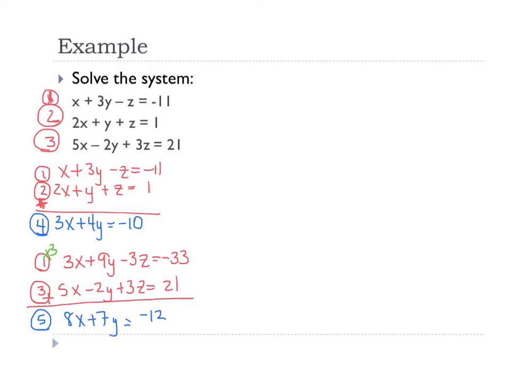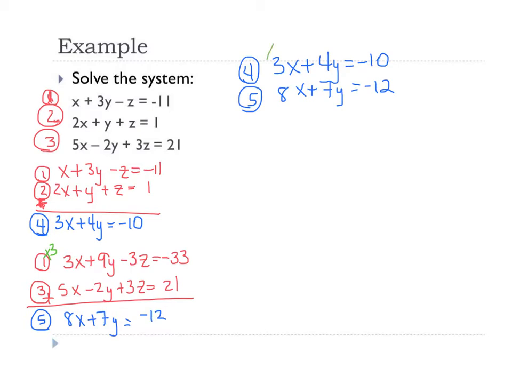Our next step is that we've created a new system. We have equations 4 and 5. Here's my system of 2 equations and 2 unknowns, and you're going to solve this just like you would typically solve a system of 2 equations. 3 and 8 would need to become 24, and 4 and 7 would need to become 28.